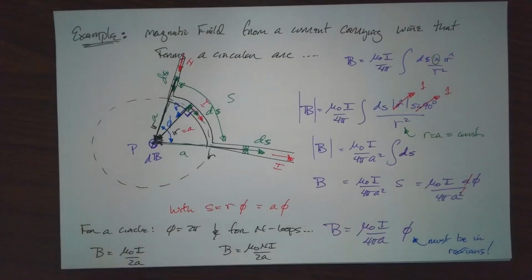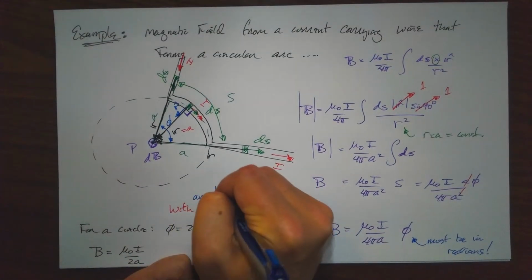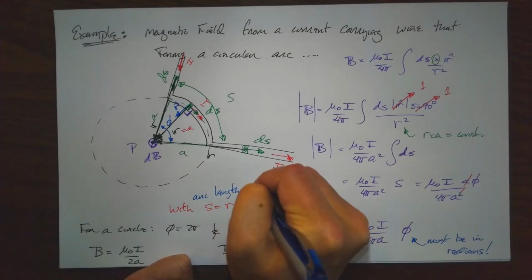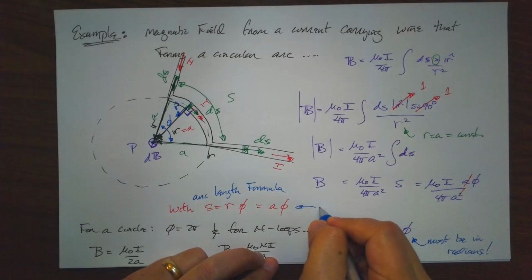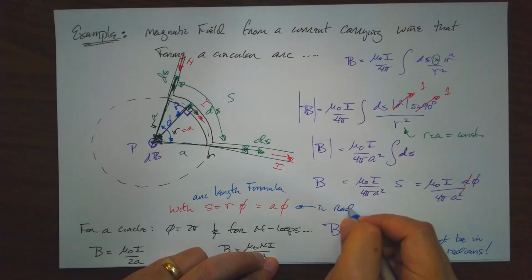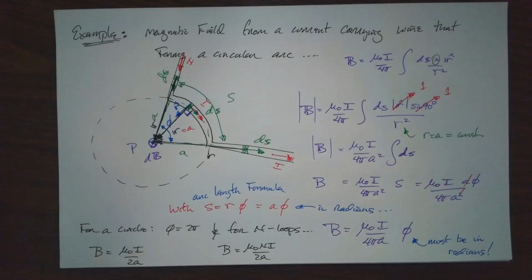Because this has to be in radians. And it has to be in radians because we took it out of the arc length formula. If you want it in degrees, you're going to need a conversion factor in there.